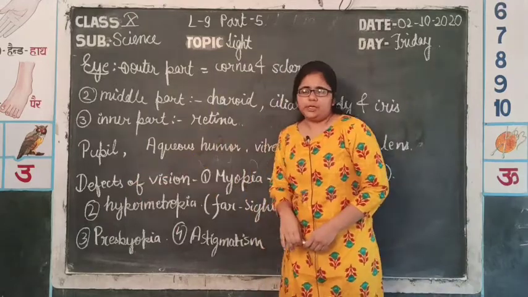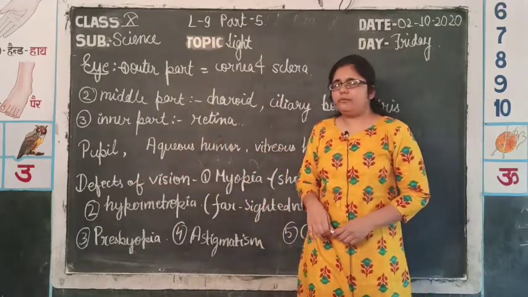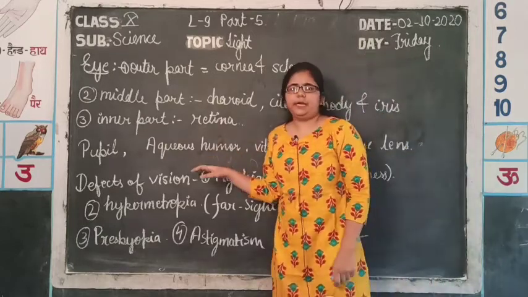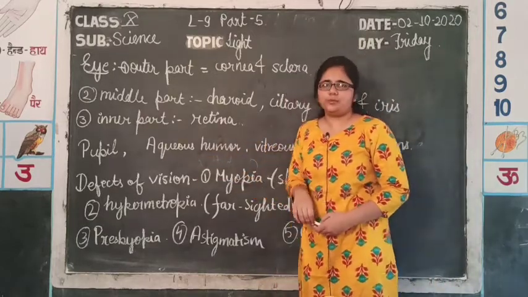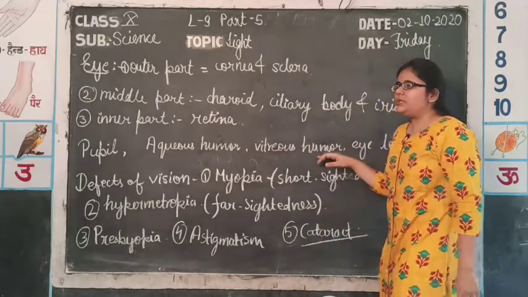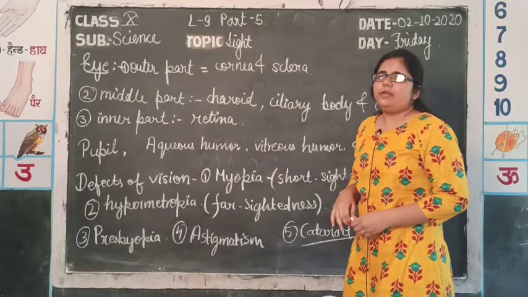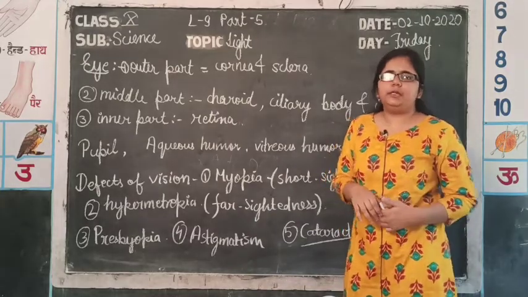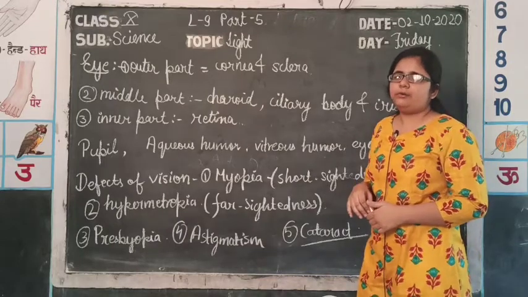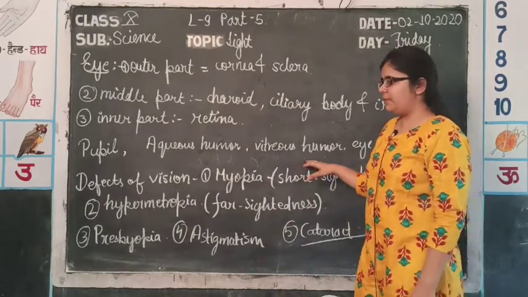Then the pupil. Pupil is an aperture which decides the amount of light entering the eye. If the pupil is constricted, that means the size of the hole is very small, then only a little light will enter the eye. For example, when you are in direct sunshine, in very intense light, the pupil will constrict so that the amount of light decreases and we can see properly.